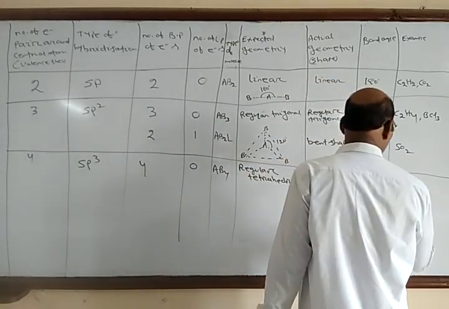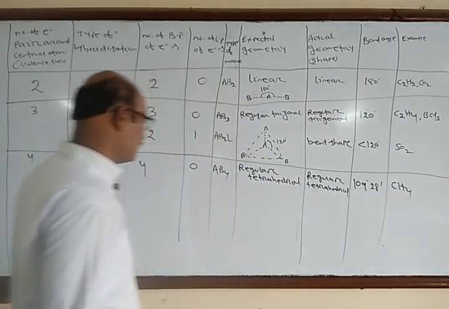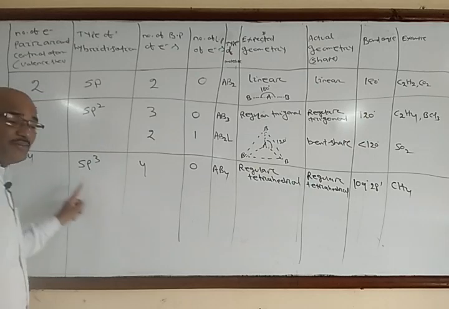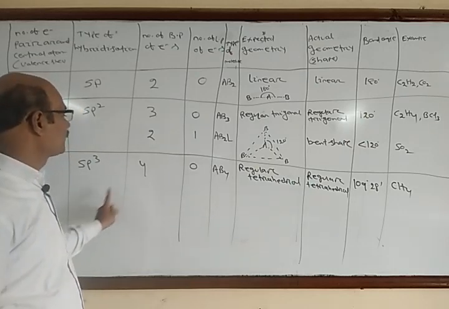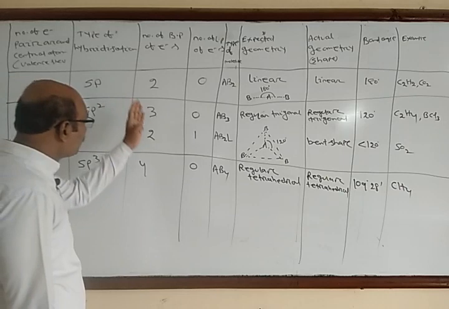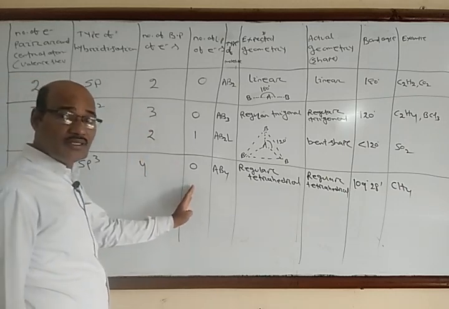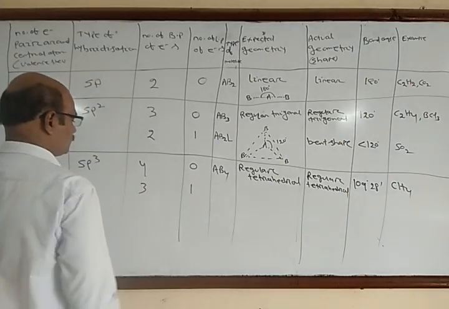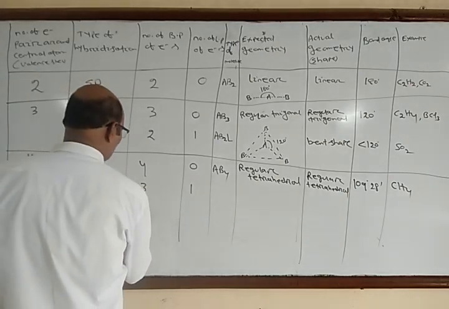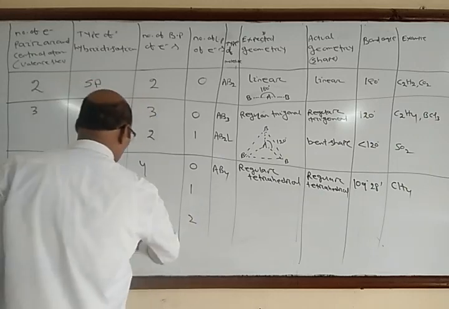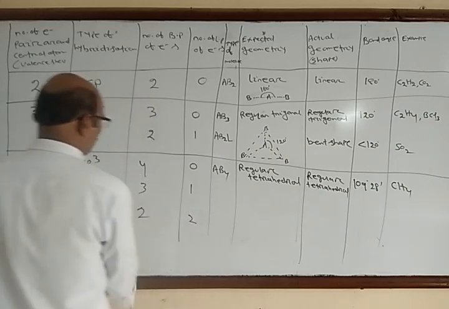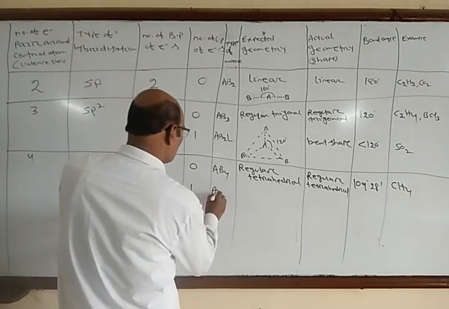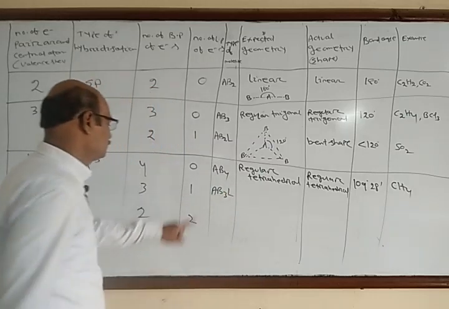You can say the CH4 methane molecule I can take. But with the same number of electron pairs and the same type of hybridization, the number of bond pairs and lone pairs can be different. It can be 3, 1 or 3, 2 also. 3 bond pairs, 1 lone pair, the molecule will be AB3L.